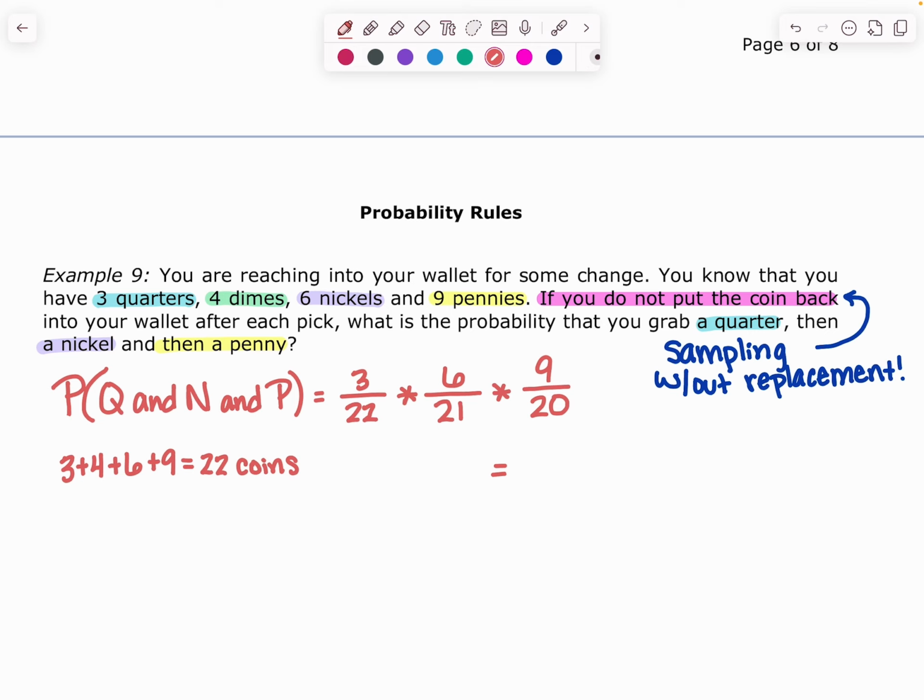3 times 6 times 9 is 162. 22 times 21 times 20 is 9,240. 162 divided by 9,240 is 0.0175.